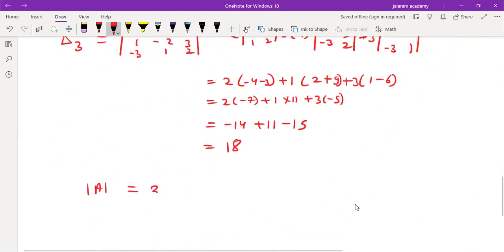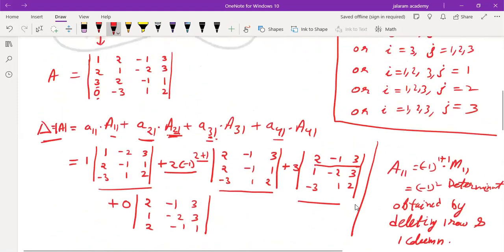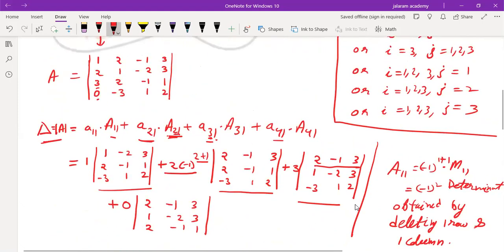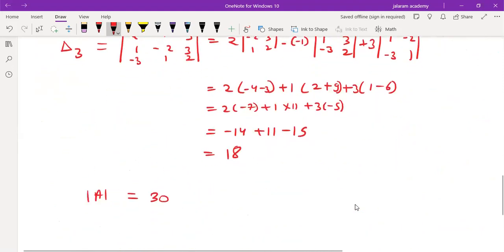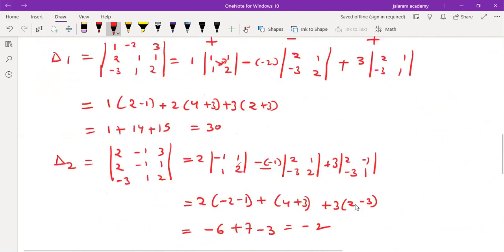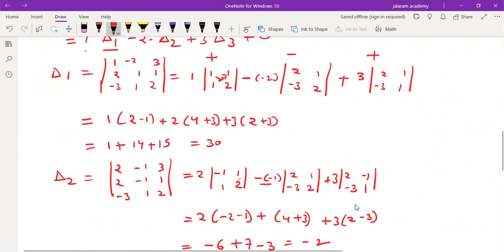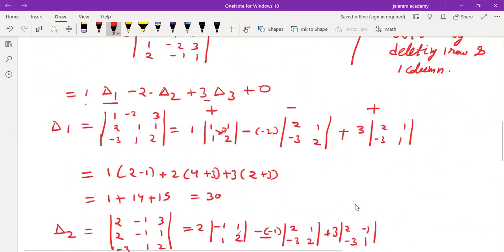Okay, so we write 30. Then minus 2 into delta 2 is minus 2 again, then 3 into delta 3.